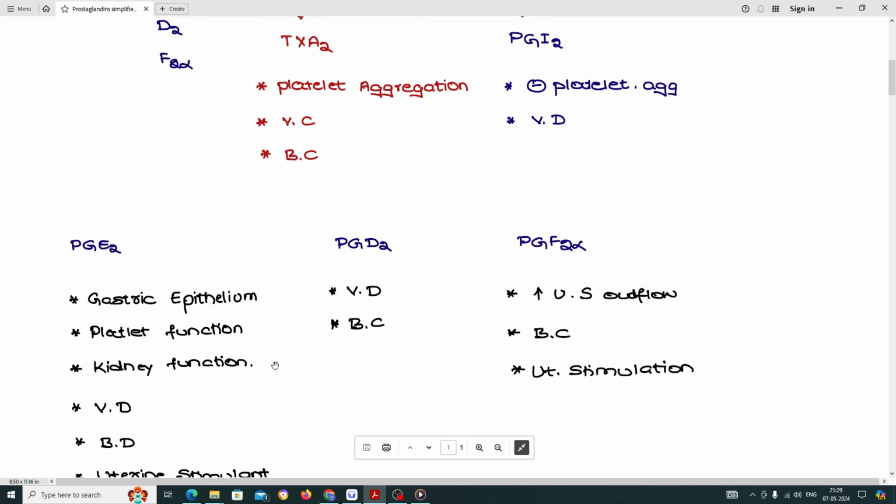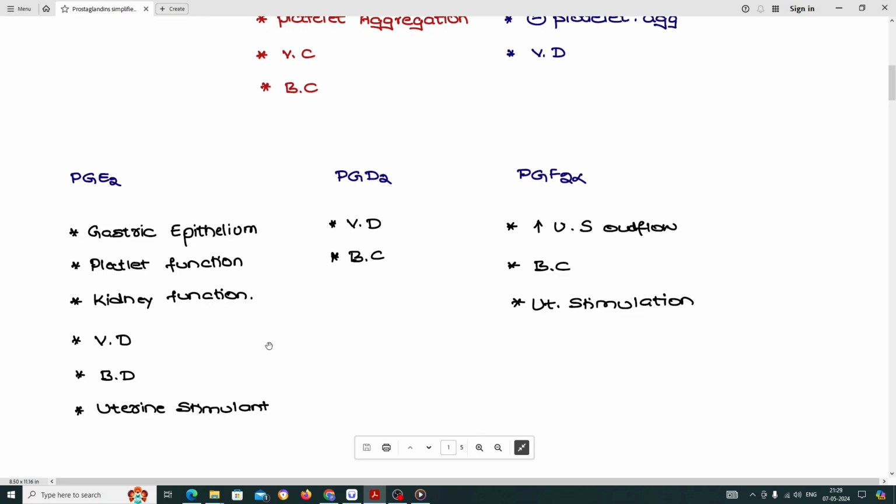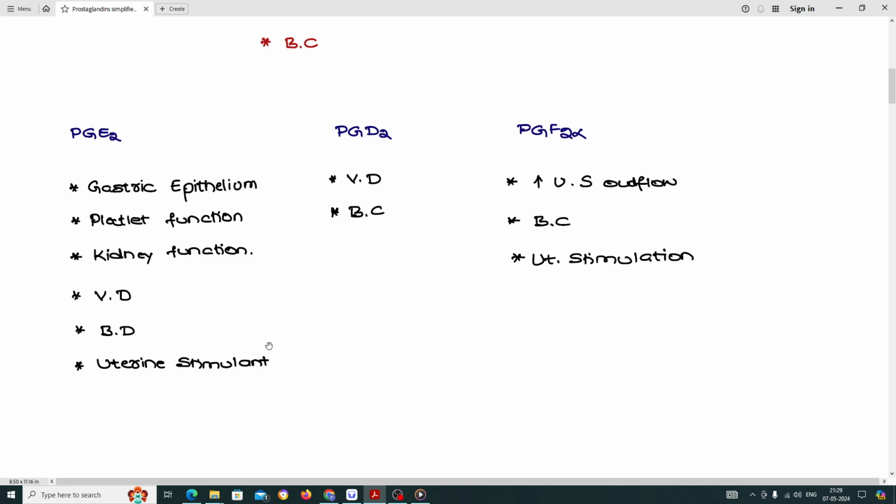So let us understand the functions of prostaglandin E2, D2 and F2 alpha. The prostaglandin E2 has got a very helpful effect on the gastric epithelium, as it protects the gastric layer from the HCl or the gastric acid attack. So prostaglandin E2 will help in the bicarbonate as well as mucus production, and it has got the effect on the platelet as well as the kidney functions.